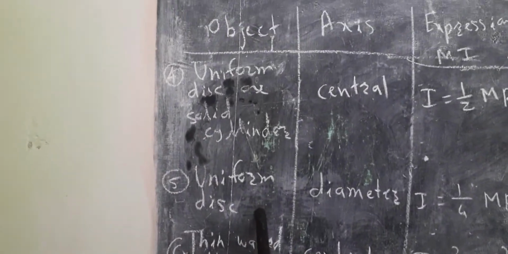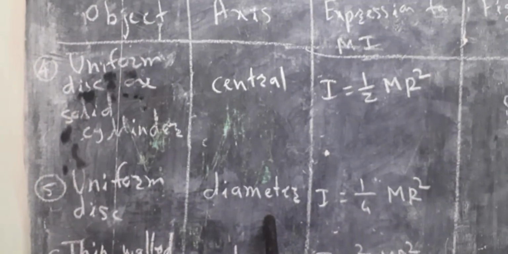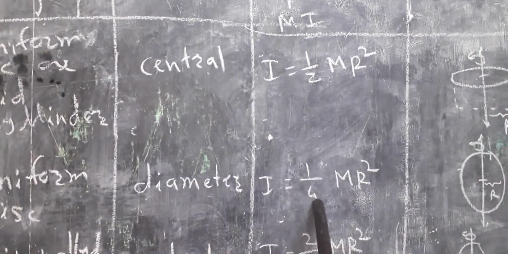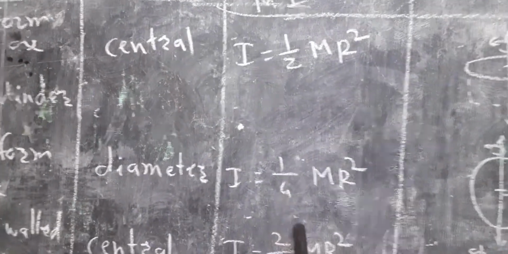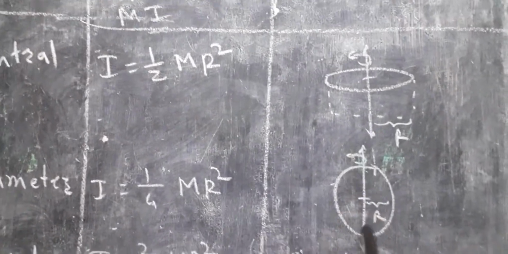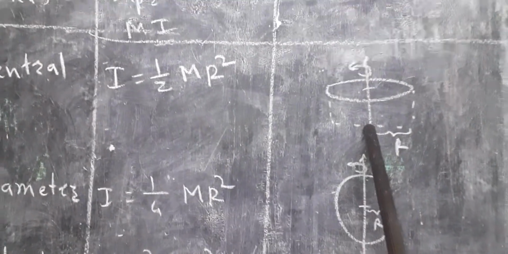So again here axis is along diameter, small change is there now, passes through the diameter. And in this typical case, value of I comes out to be 1 upon 4 times mr square, where r indicates radius. So here axis is in the plane of disk. Earlier axis was perpendicular to the plane of the disk.